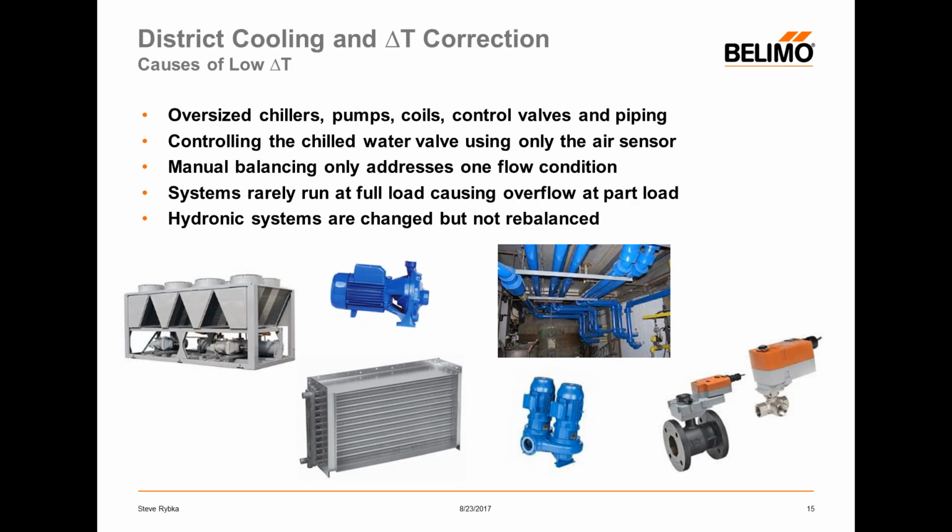Very common problem that causes low delta T is oversizing. Happens at the equipment level, it happens at the point of generation of the chilled water, it happens at the valve level. People tend to oversize for safety. Controlling the chilled water valve just looking at the air sensor can be inefficient. So although we always need to run a discharge air routine, a space air routine, things of that nature, let's take the opportunity to look at the media creating the temperature change in the air.